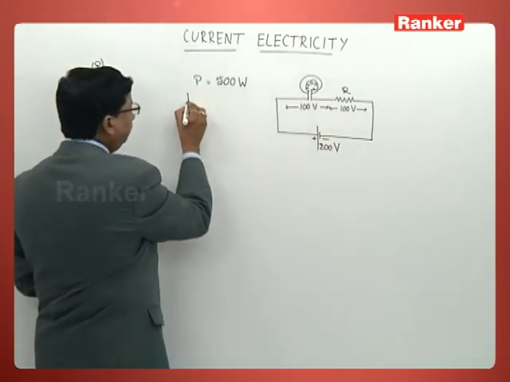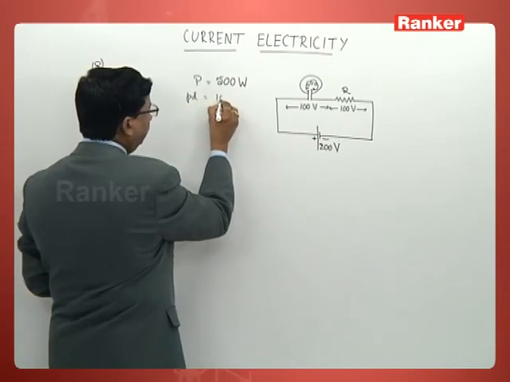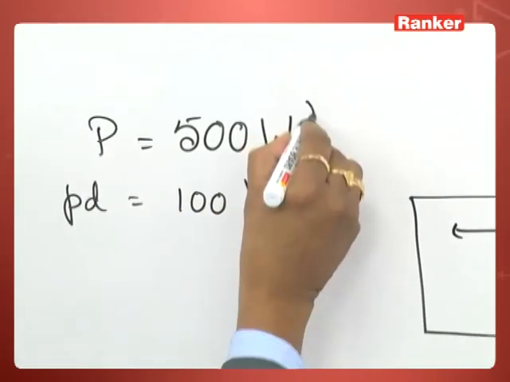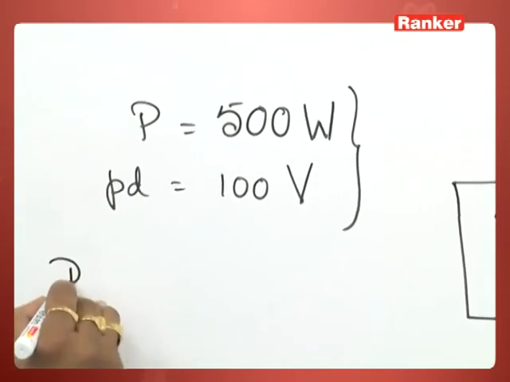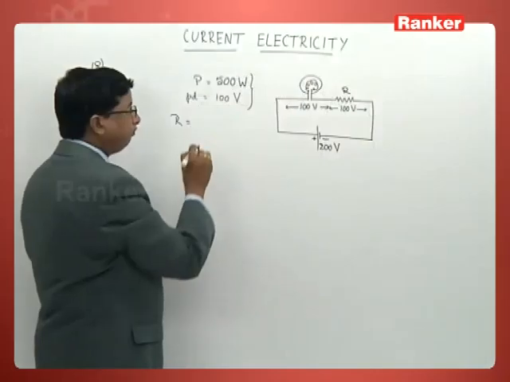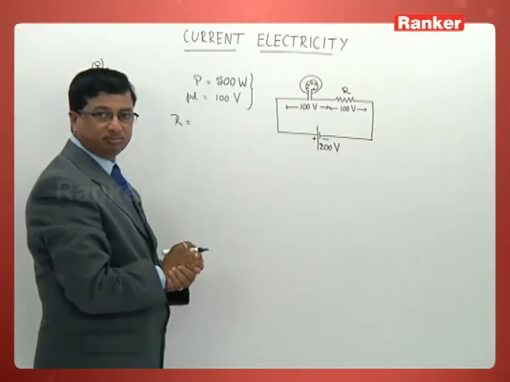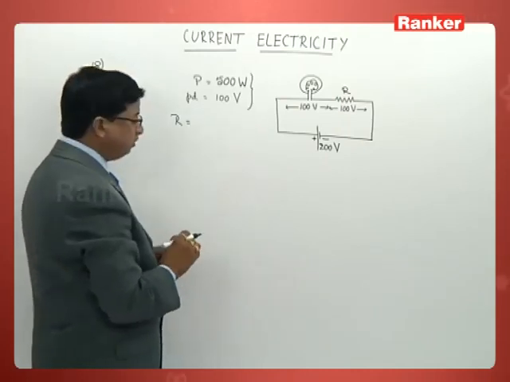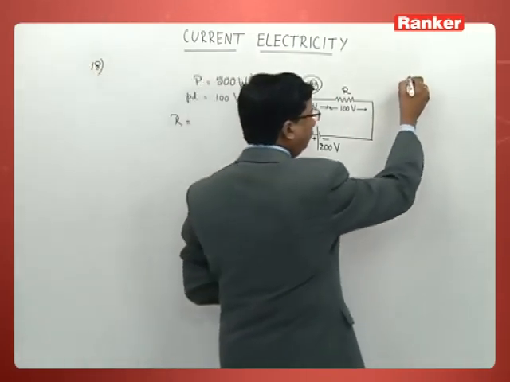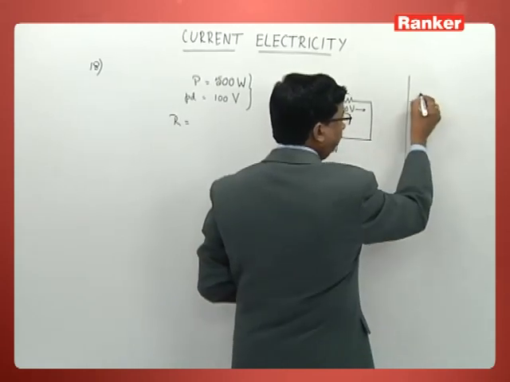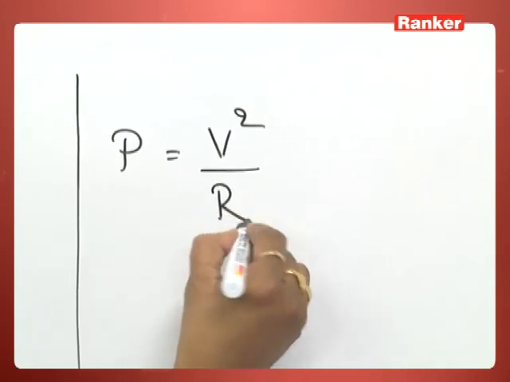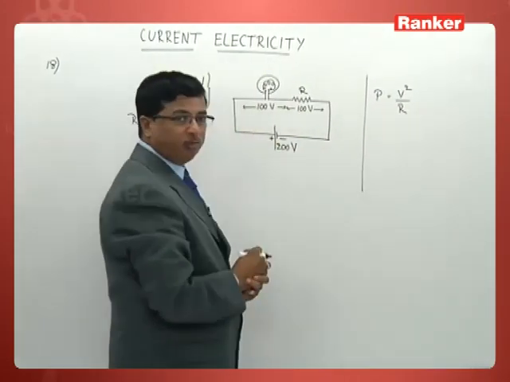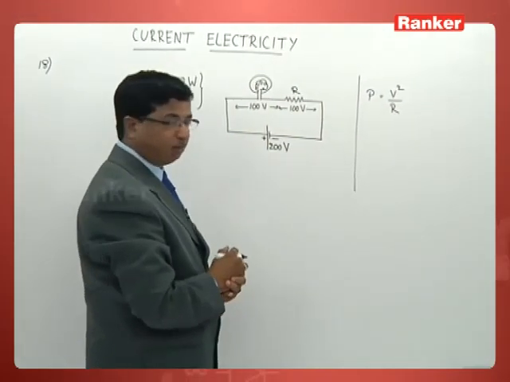Now, what is the PD across the bulb? It is 100 volt. So first you calculate the resistance of the filament of the bulb. In fact, we can use one formula here. Power is equal to V square by R. Already we have discussed that formula earlier.